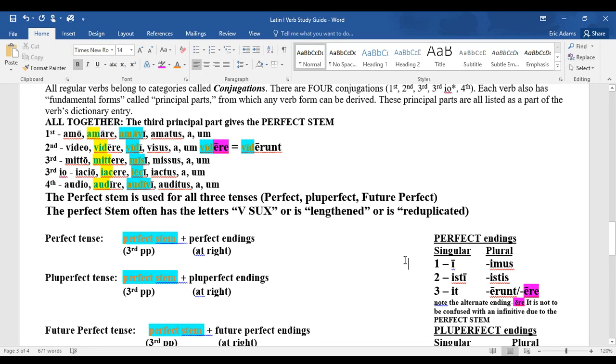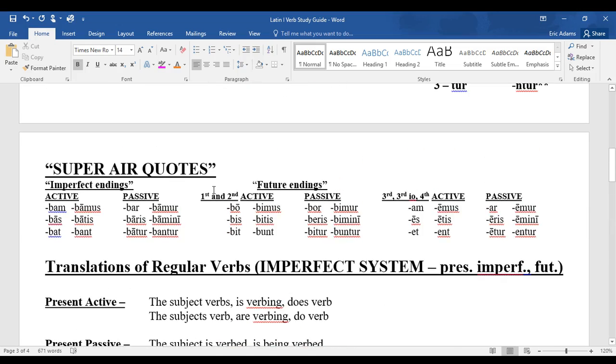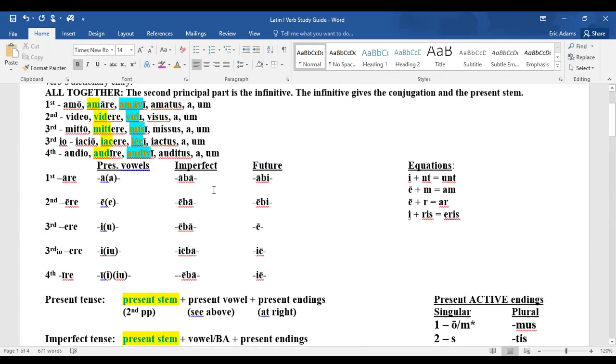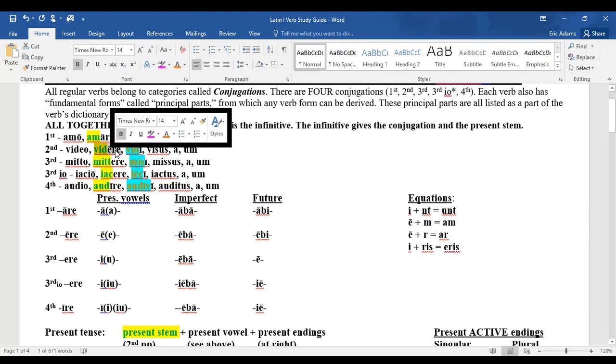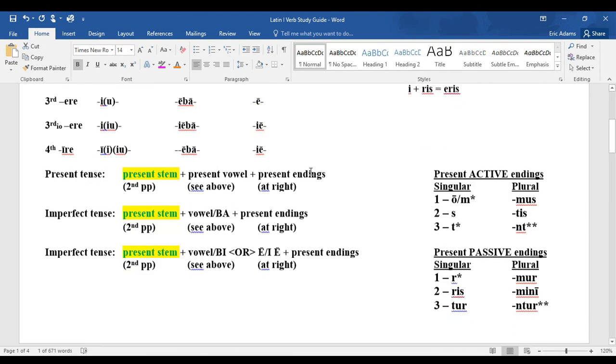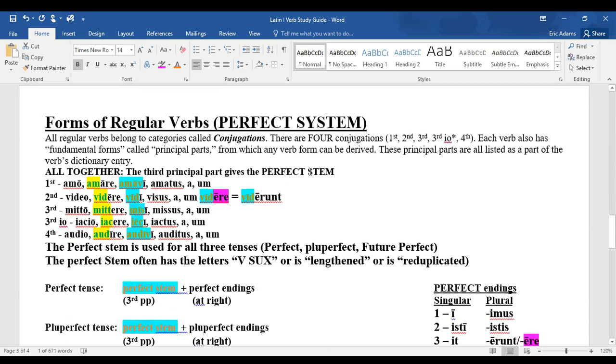You will know that it is not an infinitive simply because it is going to be attached to a perfect stem, whereas normally, as you can see, if I were to scroll up here to each one of these, it would not be the perfect stem that is the infinitive. So at any rate, best of luck.